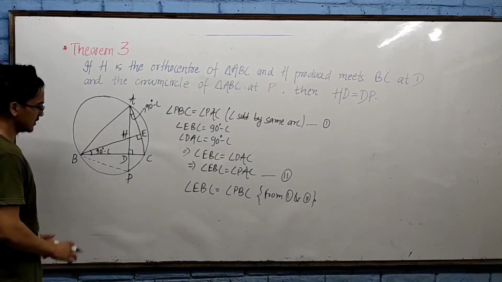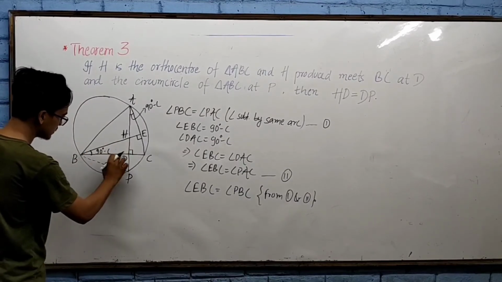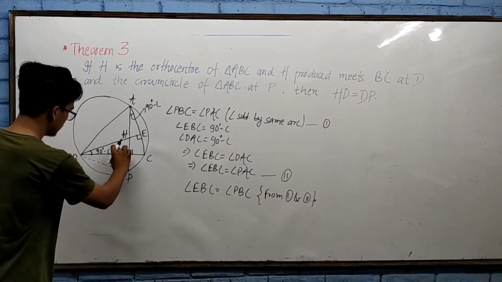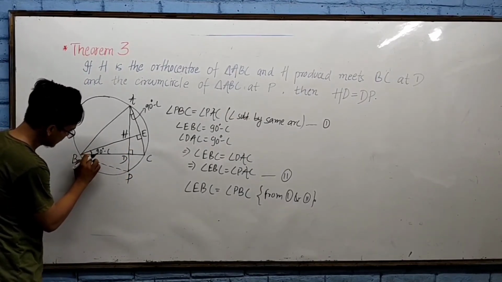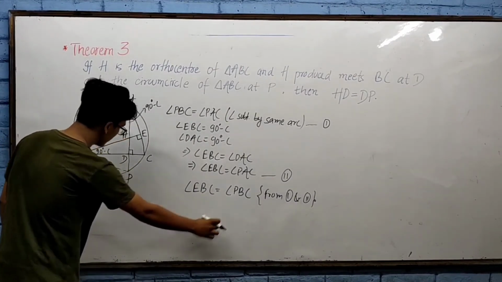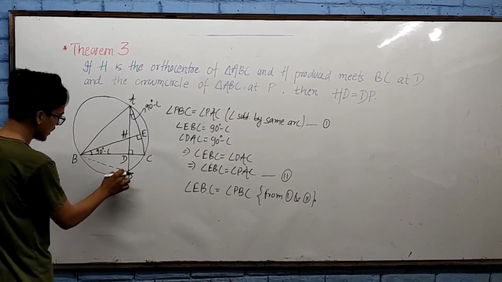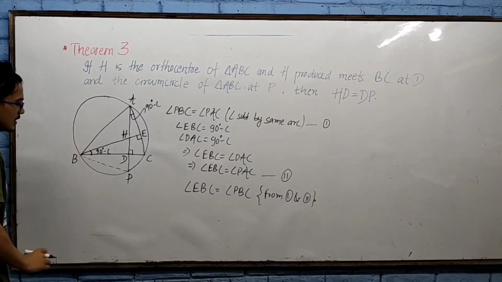Now consider these two triangles, HBD and PBD. In these two triangles, this angle is 90. We just proved that angle EBC equals angle PBC. EBC means this angle is equal to angle PBC means this angle. So these two angles are equal.